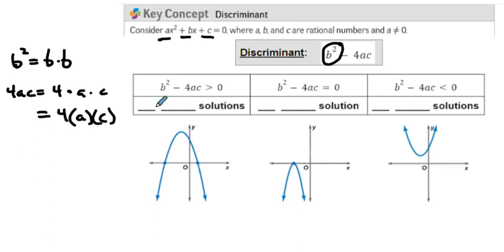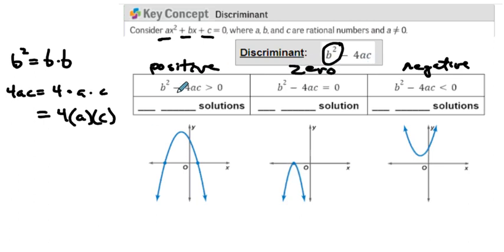All right. Now, if you look at these pictures here, what these are showing you is an example where the discriminant, which is b squared minus 4ac, is greater than 0, so the result is bigger than 0. Then you have a situation where it is equal to 0, and then a situation where it's less than 0, in other words, negative. This first one is when it's positive, and this last one is when it's 0.